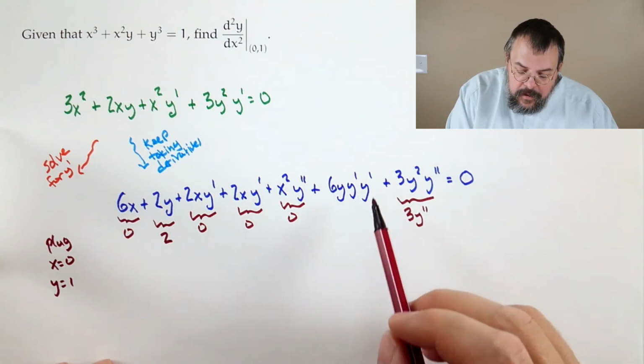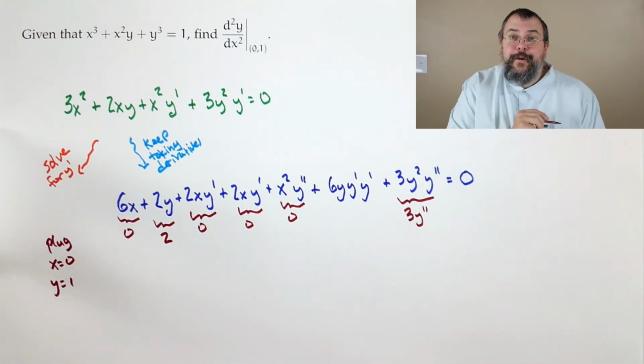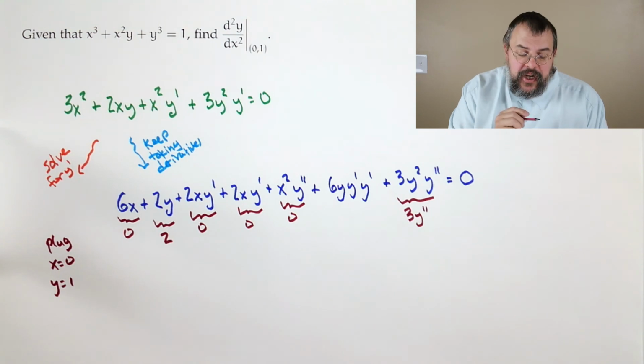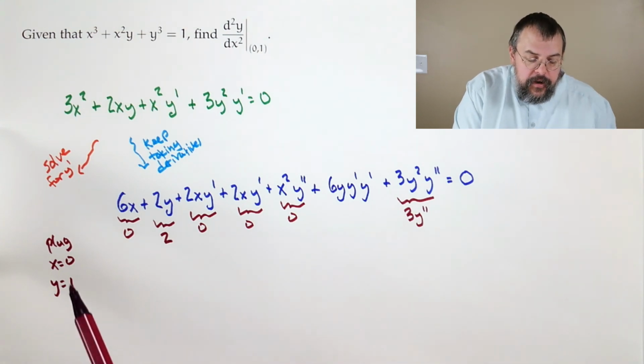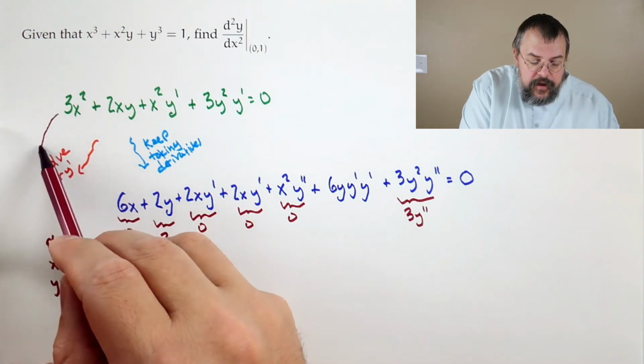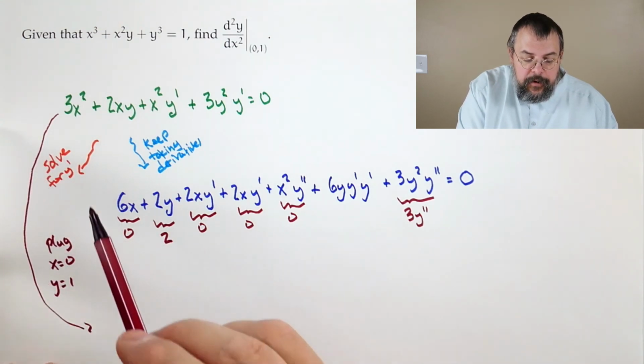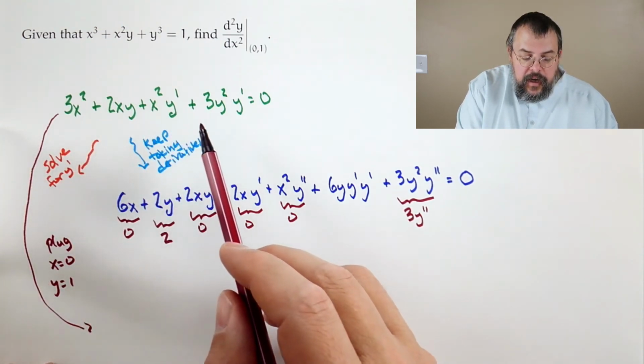Now here, this term, I need to know what y prime is. In particular, I need to know what is y prime at 0 and 1. So we're going to come into this relationship, and now we're going to plug in x equals 0 and y equals 1.